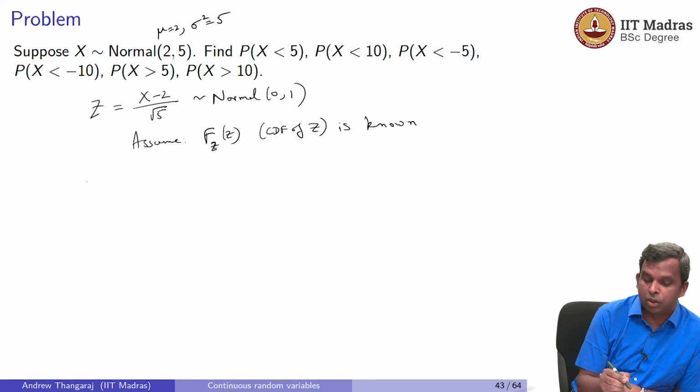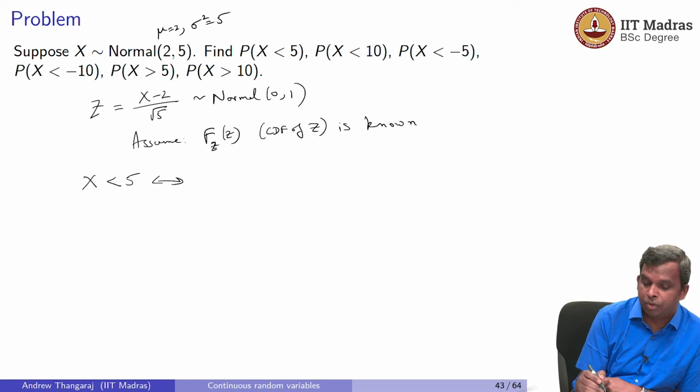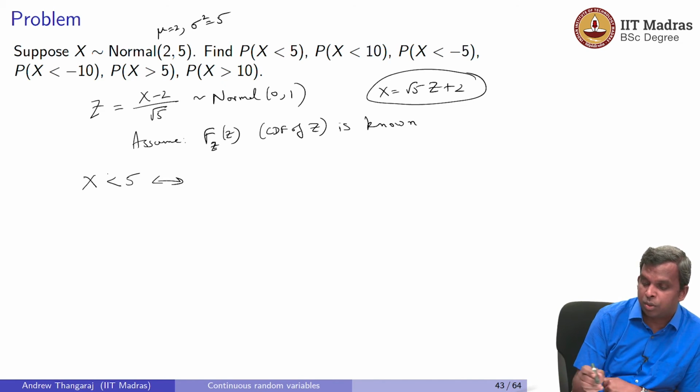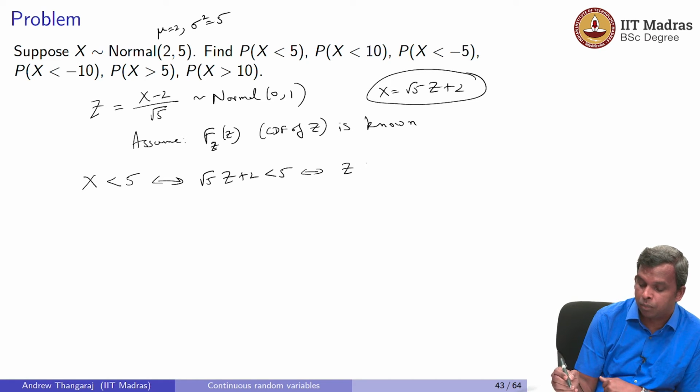And then we convert. So if you say x is less than 5, so that happens if, since z is (x minus 2) by root 5, x is going to be root 5 z plus 2, isn't it? So instead of x, you put root 5 z plus 2. Root 5 z plus 2 is less than 5, which is the same as z being less than 3 by root 5.